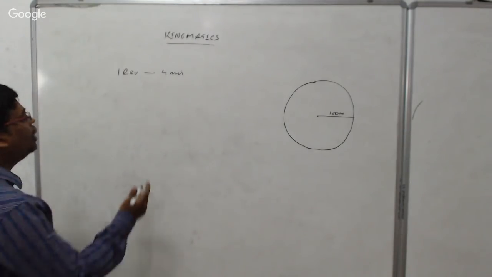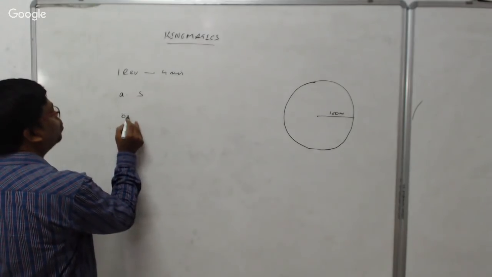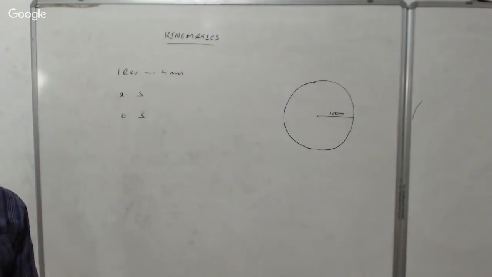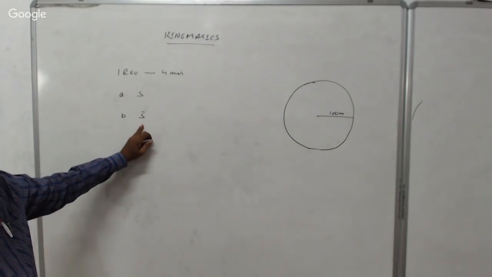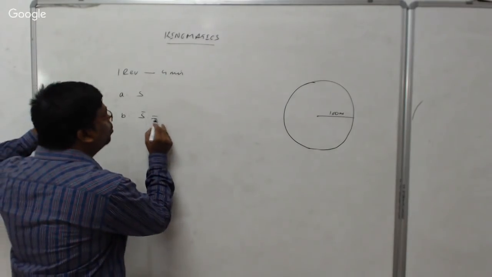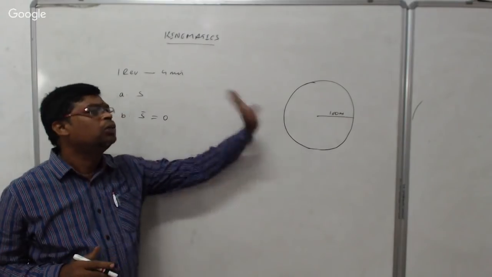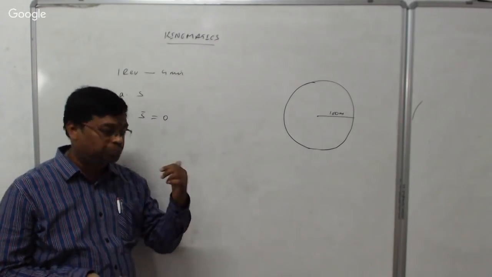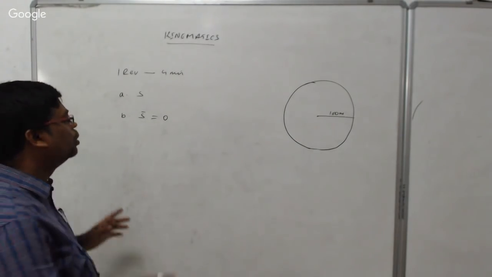Now we need to calculate distance, speed, displacement. Okay. See, clearly displacement is equal to 0. It is very easy, isn't it? We need not calculate. Directly we can say displacement is equal to 0. Understood?